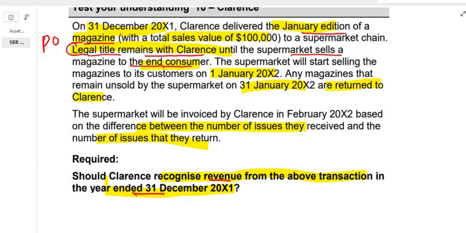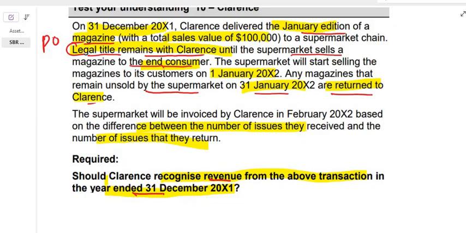And then return rights. If any magazines remain unsold by the supermarket, they are returned to C. This means that any unsold magazines are to be returned, indicating that C still bears the significant risk, including the risk of obsolescence and unsold inventory.